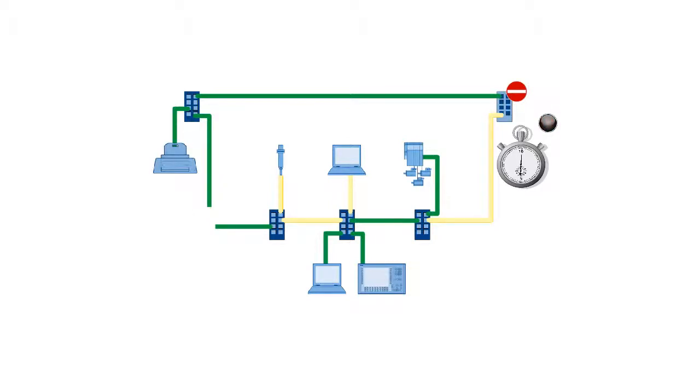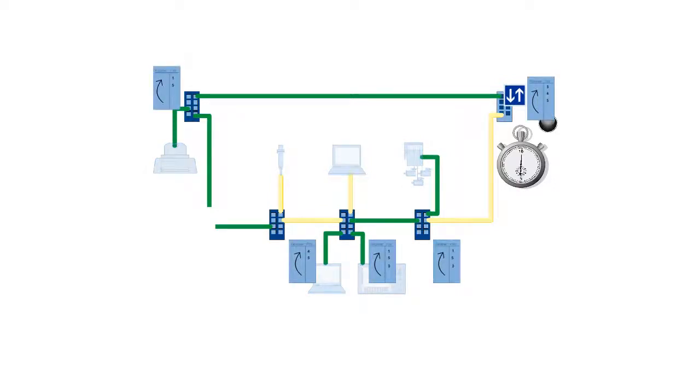As a first measure, the redundancy manager closes the internal connection between its two ring ports. Now a logic connection between all nodes has been re-established. However, the switches still contain address tables which are no longer valid, and therefore they send their telegrams to the fault location.